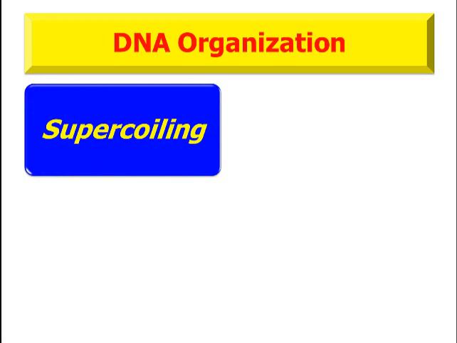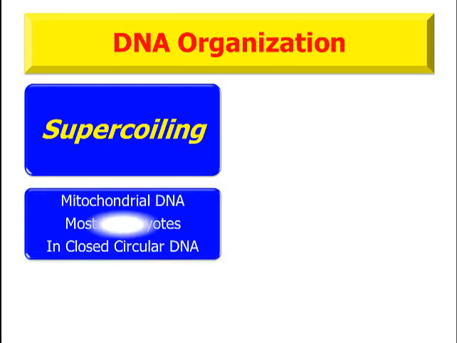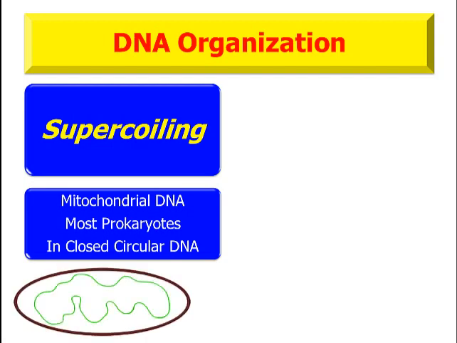Supercoiling is a well-known method for organizing DNA. As we will describe, you can see why this method is most commonly seen in mitochondrial DNA of eukaryotes, and also in most prokaryotic cells. Generally, this is commonly seen in closed circular DNA. Let's remind you that this method also occurs in linear DNA like what eukaryotic cells have, but this is not a prominent method in eukaryotic cells.